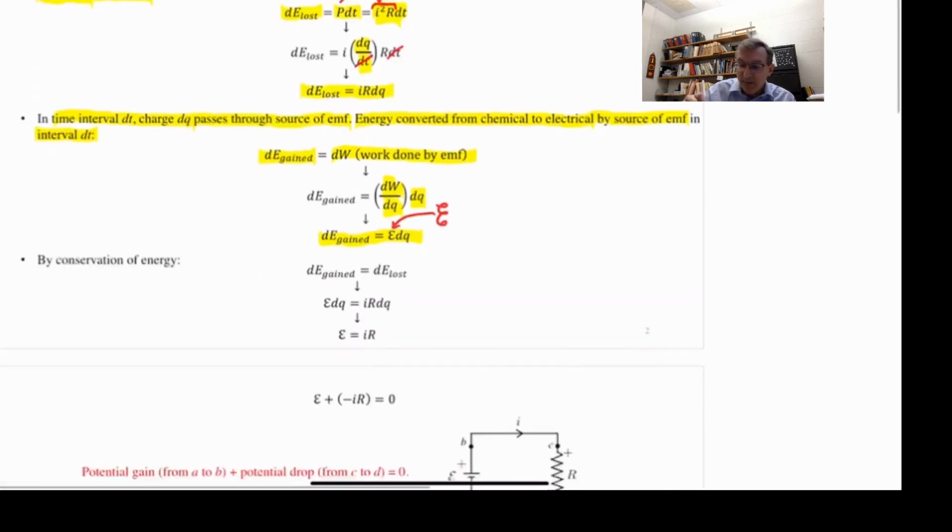And here comes a standard physics idea. Energy cannot just appear or disappear. If electrical energy was gained somewhere in the circuit, an equal amount of energy had to be lost somewhere else. If that weren't the case, if I had more electrical energy gained than electrical energy lost, oh my goodness, I have a source of free energy.